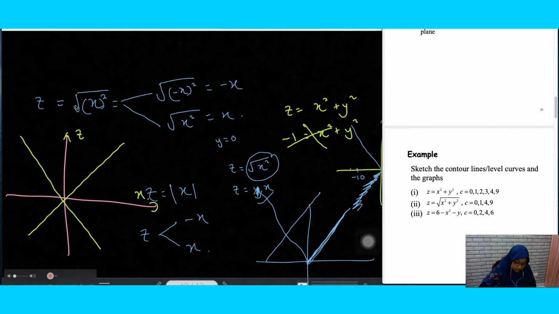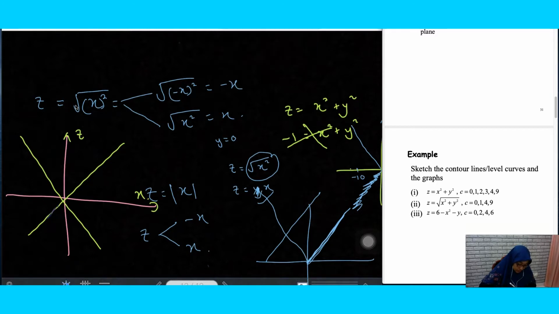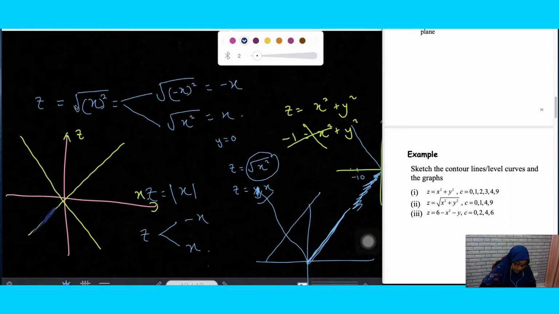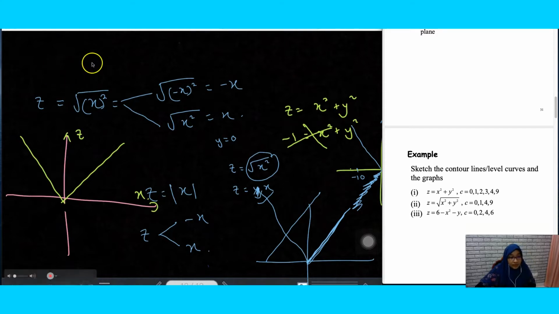So you have to consider the first and second quadrant only, because we want z to be always positive. So hopefully you are clear with that.